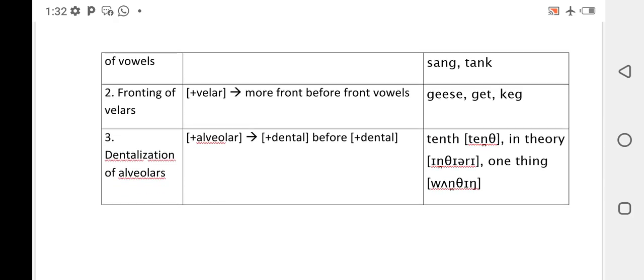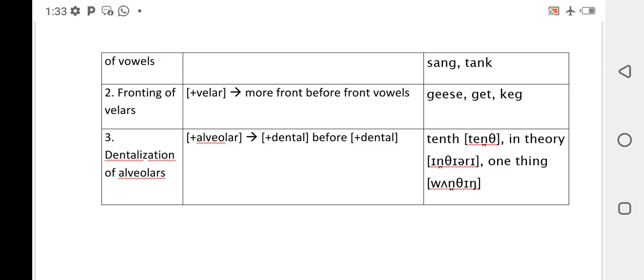So we have here fronting of velars. A velar sound becomes more front before front vowels. In your vowel classification, we look at the front back dimension. I hope you remember it, along with the open, close, or height of the tongue, lip position, and length of production.